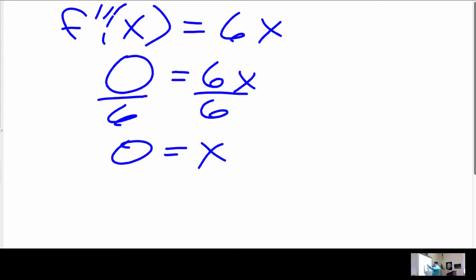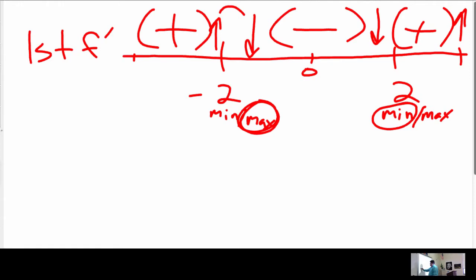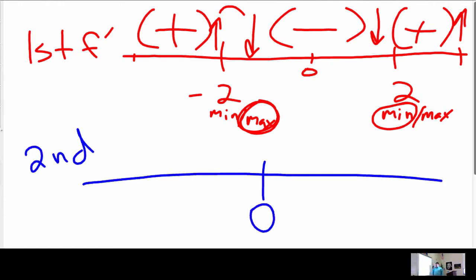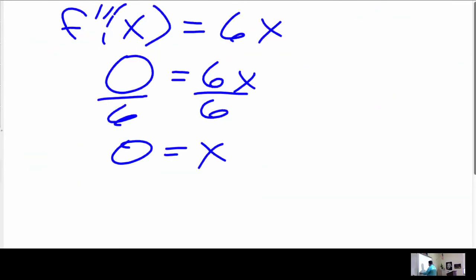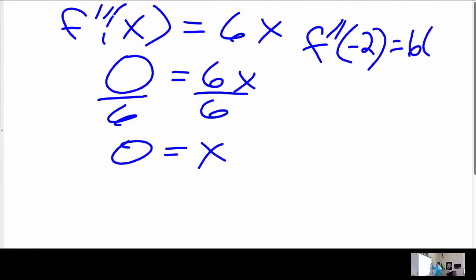So now, x equals 0, and we're going to do the second derivative test at 0. So I need to pick a number less than 0. Negative 2. It doesn't matter, any negative number will work. So f double prime of negative 2, 6 times negative 2, is negative 12.